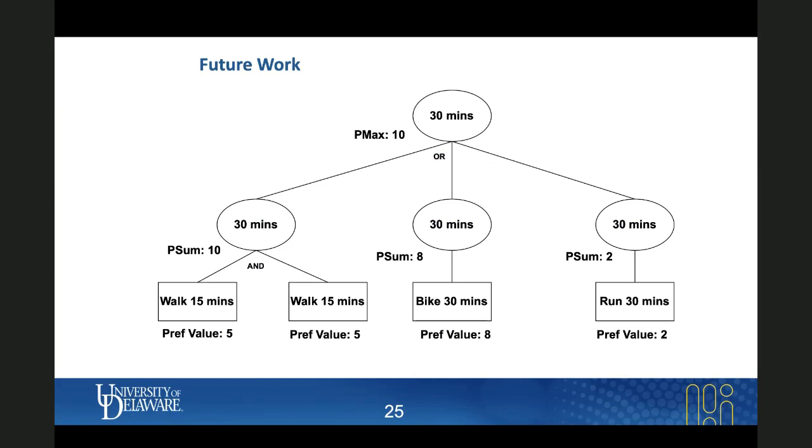So what we did was analyze the transcripts from health coaching and come up with a bunch of preferences that should be added to automated planning systems. Here are some of them. One at the bottom level is the preference values of the actions themselves. You might have a higher preference for walking versus biking or running.